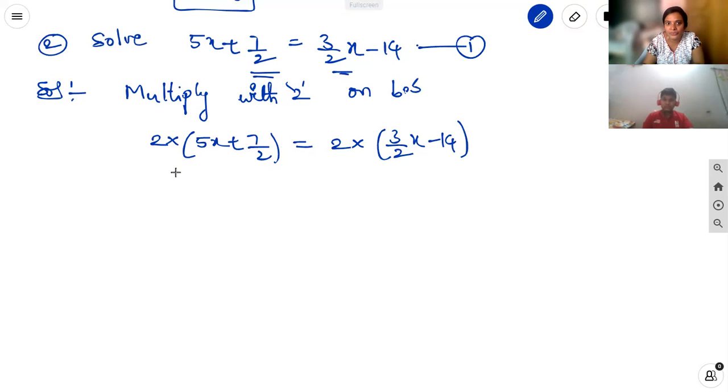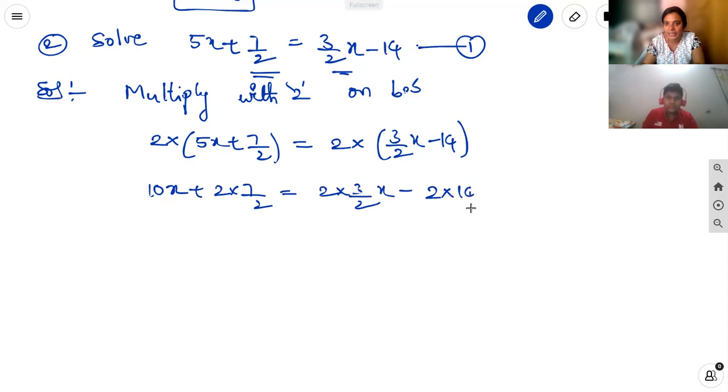Distribute: 2 fives are 10x plus 2 into 7 by 2 equal to 2 into 3 by 2 x minus 2 fourteens are 28. Here the 2s get cancelled. Here the 2s get cancelled. It is 10x plus 7 equal to 3x minus 28.